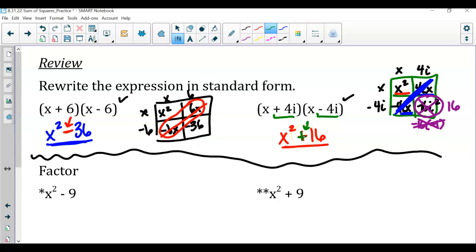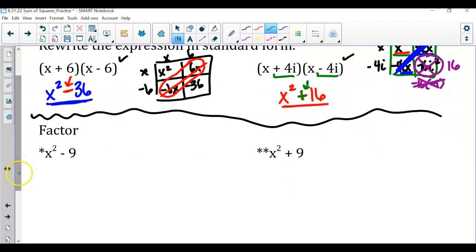So here, what we're going to be focusing on is the factoring. If I'm factoring the difference of two perfect squares because we're subtracting, that's the same as before, just use the square root of each value. So this would be x plus 3, because the square root of 9 is 3, times x minus 3.